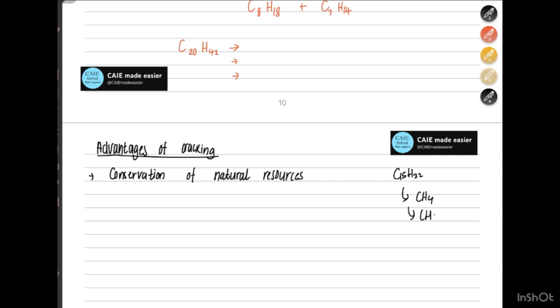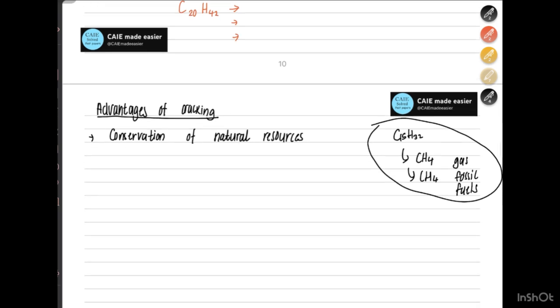You can get a lot of gaseous fossil fuels, and this can be used as a fuel. You can break down your complex hydrocarbon into a simple hydrocarbon that suits your needs. So you're conserving natural resources.